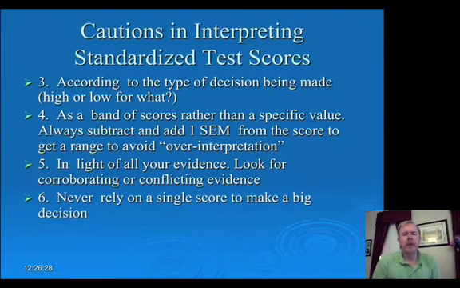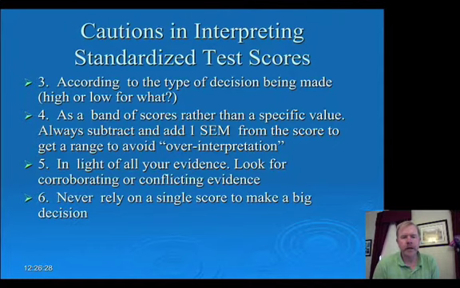We have to think about these as a band of scores and not as a specific value. I mentioned this before, but just because a student gets a 117 as a standard score doesn't necessarily indicate that that's precisely their performance level. In fact, we want to talk about it within the standard error of the test. So we'll talk more about that in the descriptive statistics portion.